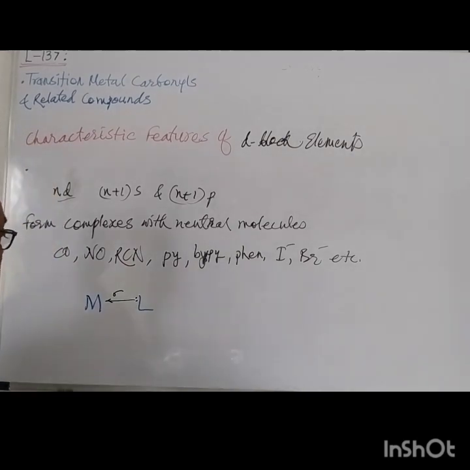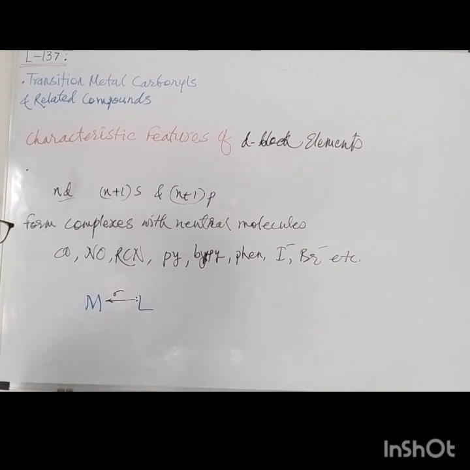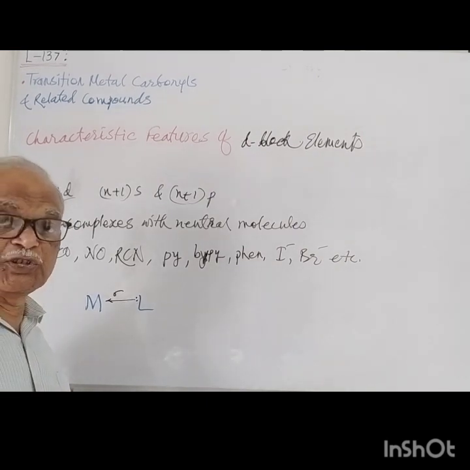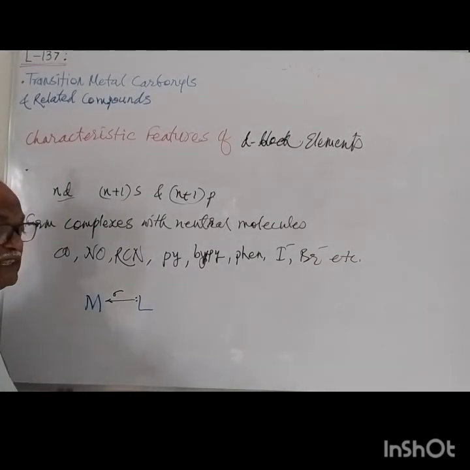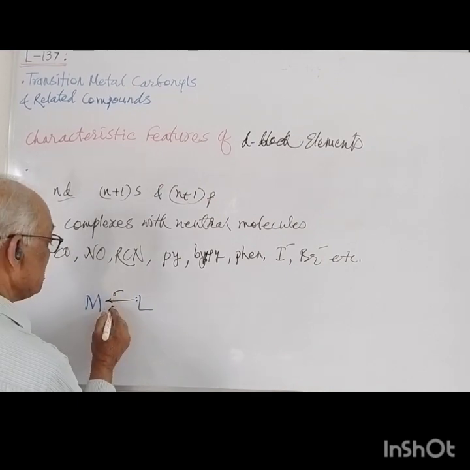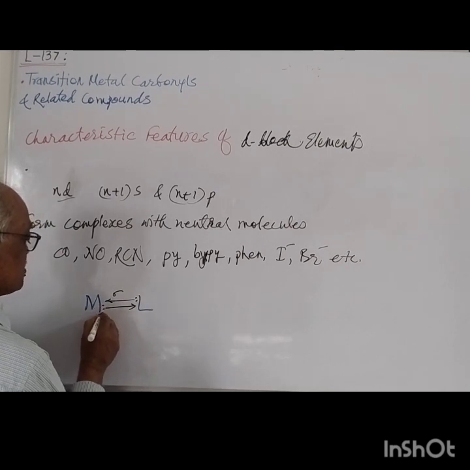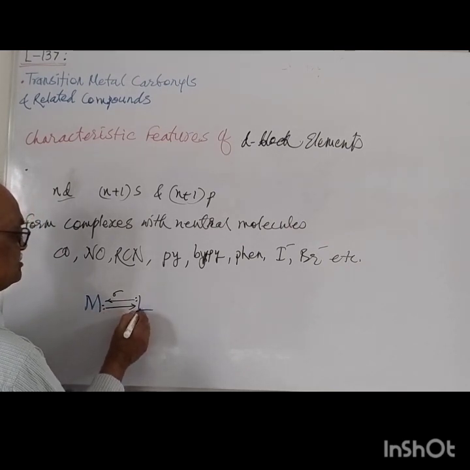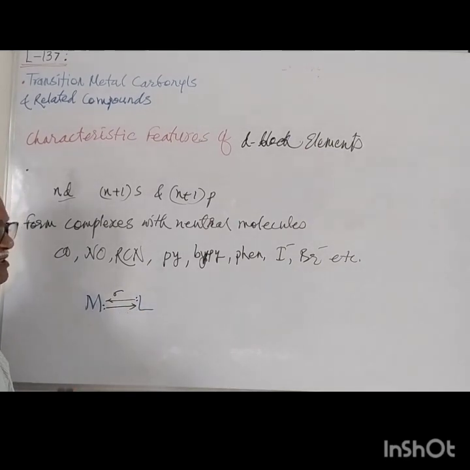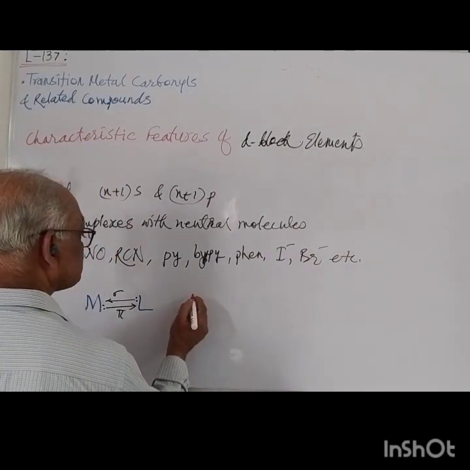As a result of this, the metal ion has electrons in d orbitals of pi nature. So these d pi electrons are shared with the vacant p orbitals of the ligand which are of pi nature. So this gives a pi bond. So here two types of bonding are observed.